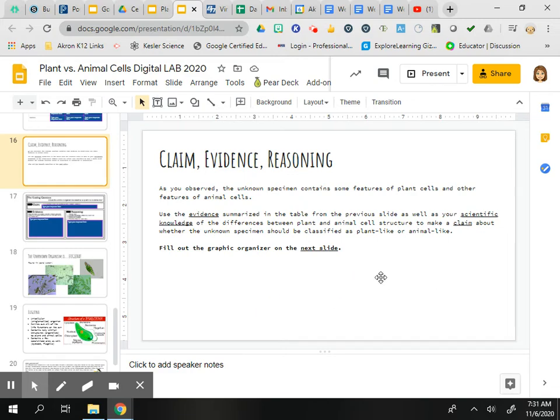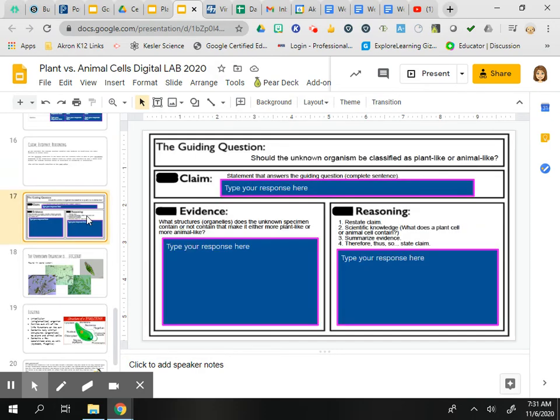And then you're going to fill out the graphic organizer on the next slide. So, the guiding question: should the unknown organism be classified as plant-like or animal-like? So your statement would be, the unknown organism should be classified as, and you're going to either fill in plant-like or animal-like. And it needs to be a complete sentence here in the claim space.